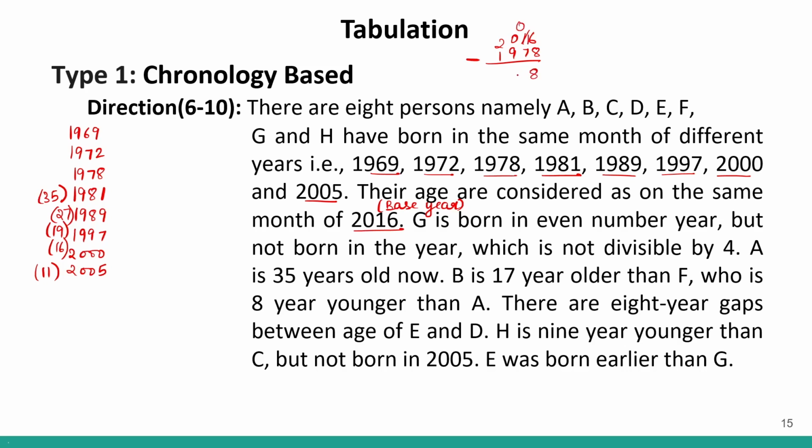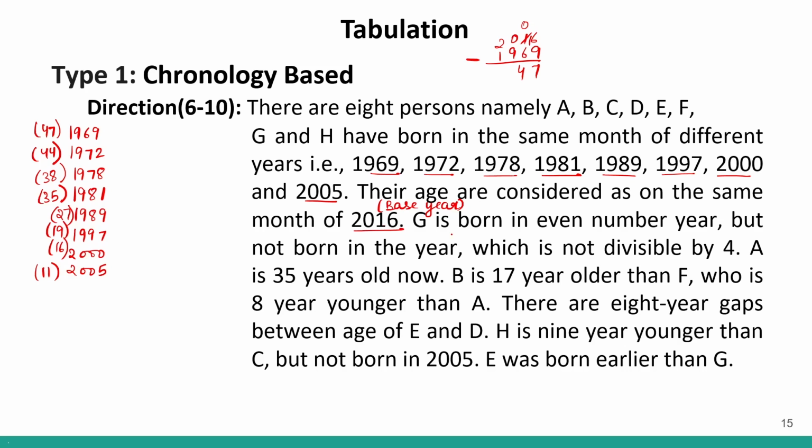So 8 and then 3, so 38 years. Then 1972: 4 and over here we have 4, so 44 years. And then 1969: this one will be 0, this will be 16. Over here I'll get 7 and over here I'll get 4. So the next age will be 47. So these are the people born in these years, aged this much as on 2016.